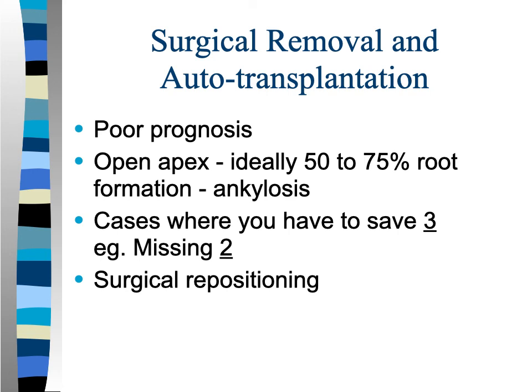When would you think about this? Well, you have a congenitally missing lateral incisor and an impacted canine, which is a poor prognosis for alignment. So you have a central, you don't have a lateral, you don't have a canine, and then you have your premolar. So you've got 2 teeth missing. This is an instance where it's worthwhile to go in surgically.